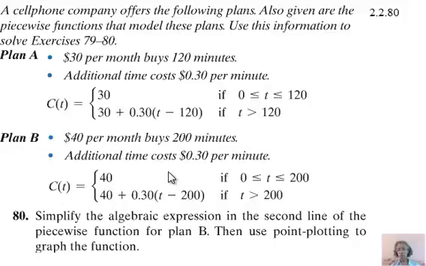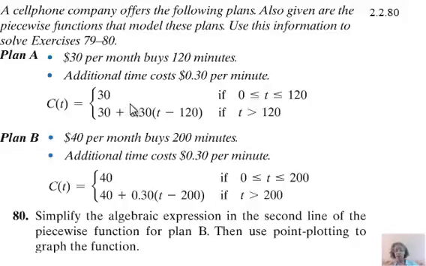So the first function, Plan A, costs $30 per month, and $30 per month buys 120 minutes. Each additional minute costs 30 cents. In other words, if your time lies between 0 and 120 minutes, including 0 and 120, then you pay $30 each month.